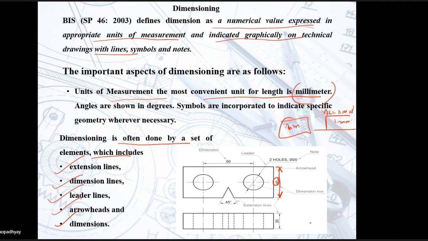Okay, so this is again your extension line and the arrowhead. Now there is a particular rule to draw the arrowhead. So when you are drawing the arrowhead in a dimension line like this, a particular ratio is followed. So if this is 1, so this will be 3, right? So 1:3 ratio is followed for the width and the length of the arrowhead, right?